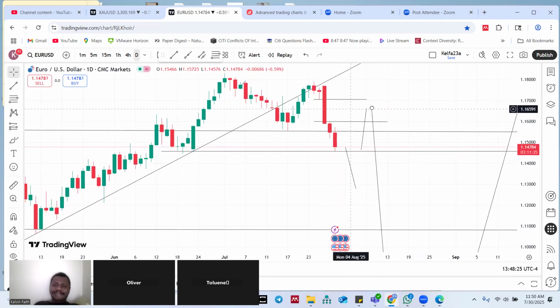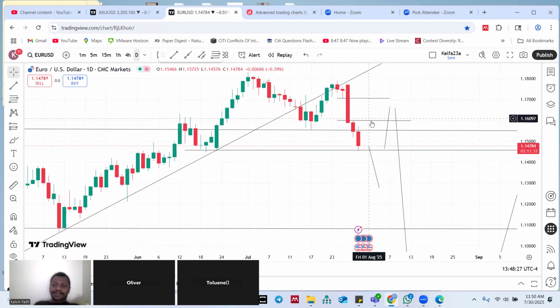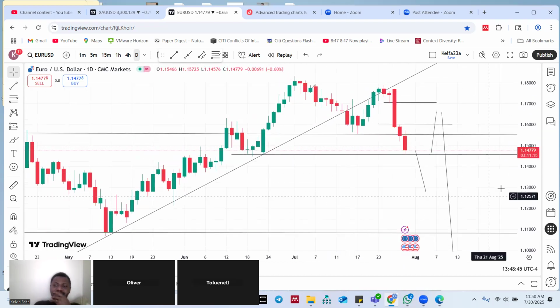From my own perspective, I will prefer to enter from that fair value gap, because from the body of this candle, if you take your rectangle now, from this last bearish candle, you use it as your breaker block, and this breaker block is still fresh. So I believe there should be a retest to that side.